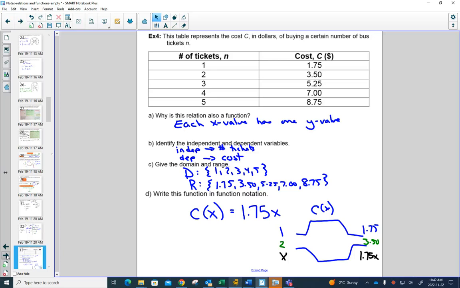Could you sell -3 tickets? No. So it's not all numbers. Could you sell 2.75 tickets? No. So the whole numbers. Could you sell 0 tickets? Yeah, you could sell 0 tickets. So this makes us think about the domain in a different way.